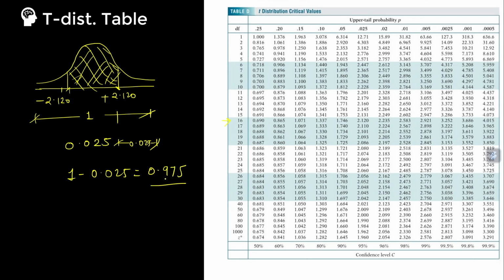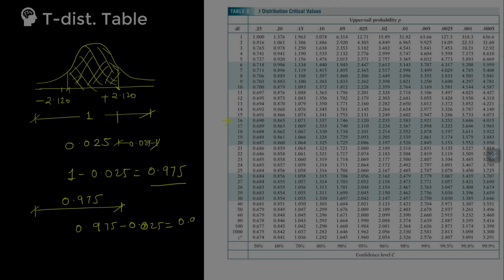Okay, so from this left till this is our 0.975, but we need only this shaded portion. So we'll again subtract 0.025 from 0.975, so we will get 0.95.